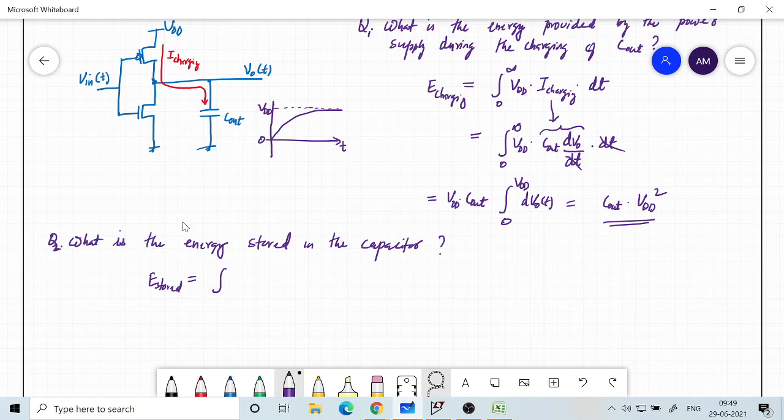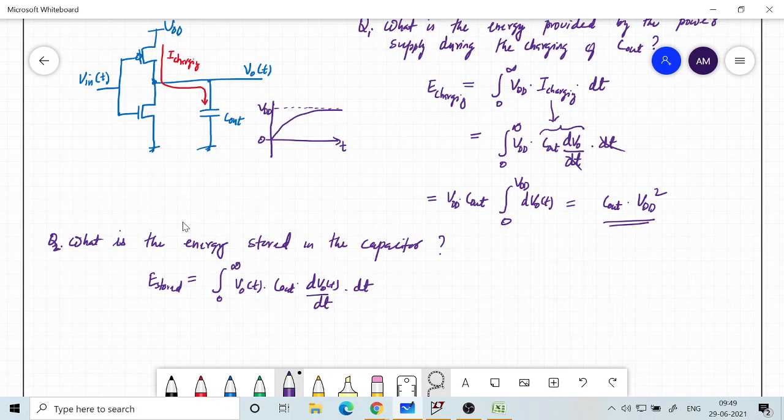That's also an integral, 0 to infinity. The instantaneous power, that is basically V naught of t, the voltage across the capacitor, multiplied by the current, C out dV naught of t by dt, into dt.